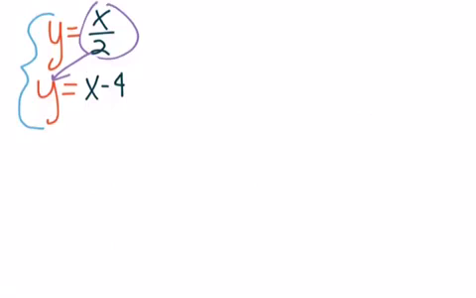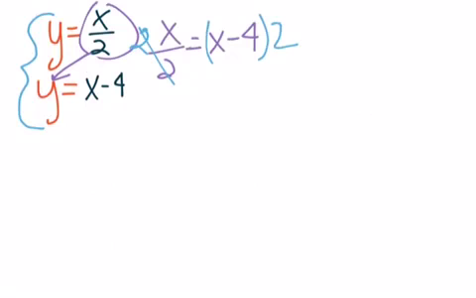All right, so we have x over 2 equals x minus 4. Solving for x here, I need to multiply each side by a positive 2 to get rid of that 2. So I'm going to distribute this 2 over here.